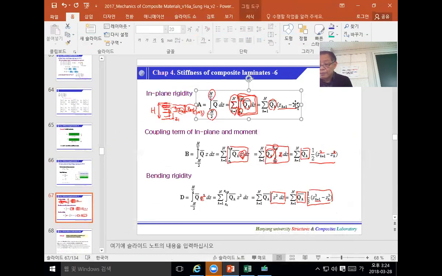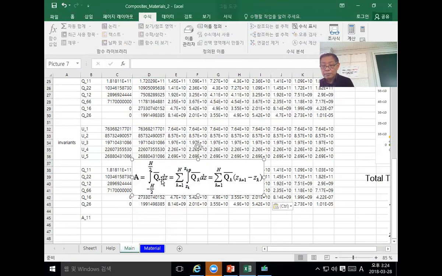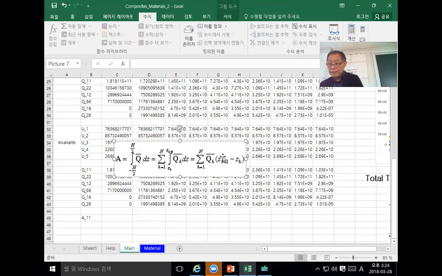Let's follow this one. See, we sum them up. So there is only one term for each ply. This term will be called A11.